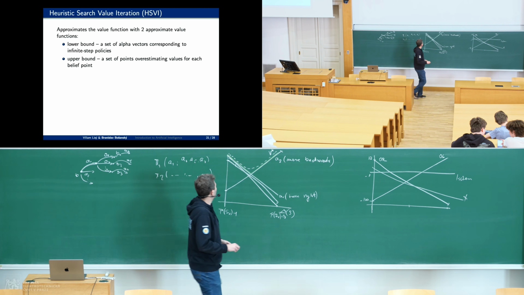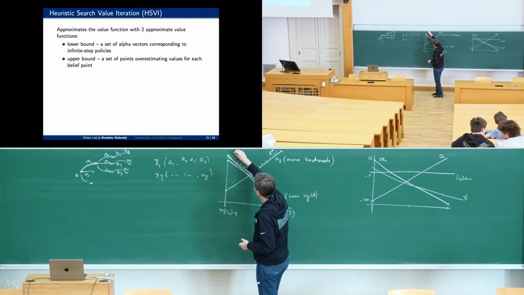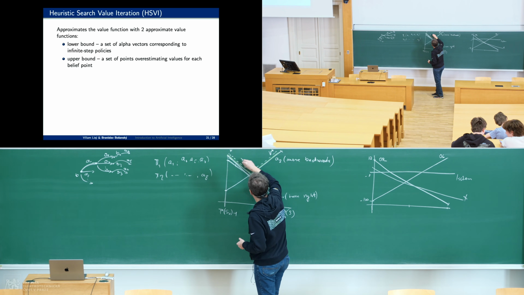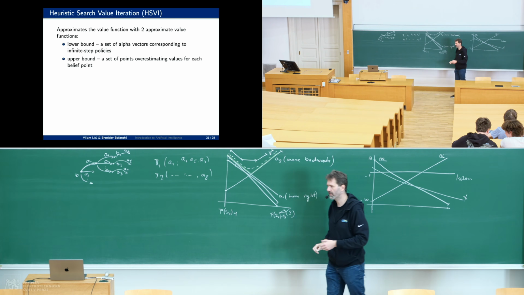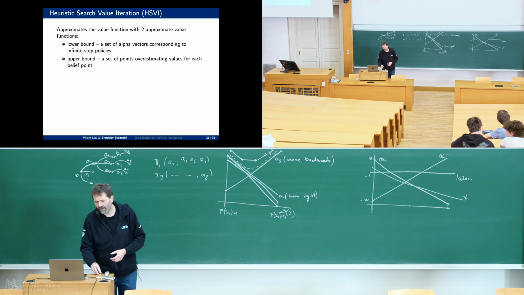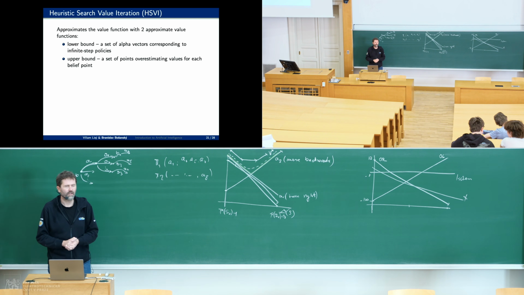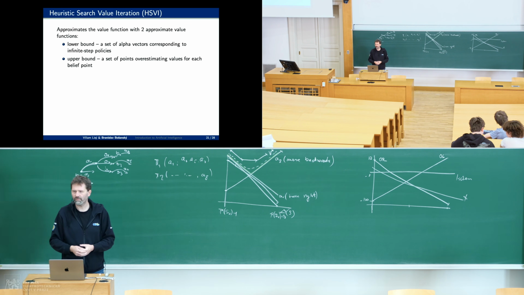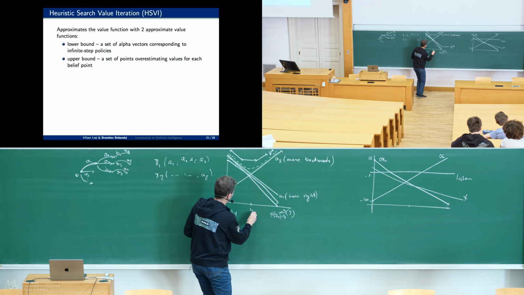We will try to get these bounds closer and closer together as the algorithm operates. And this way, since we have two bounds, we will know how far from the optimal we actually are.